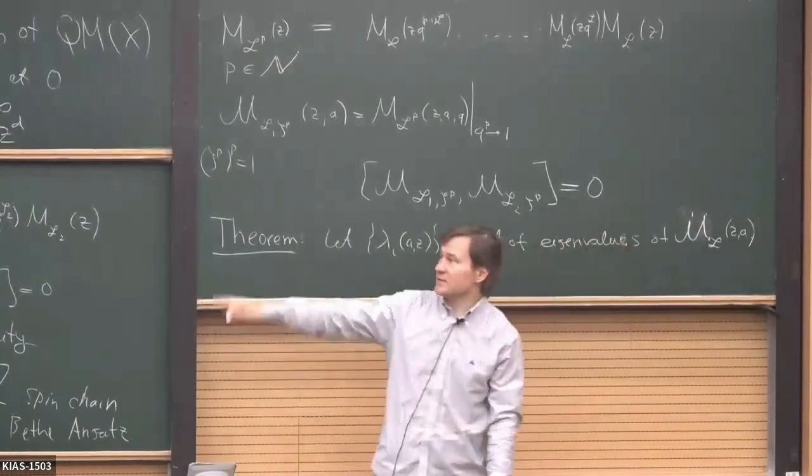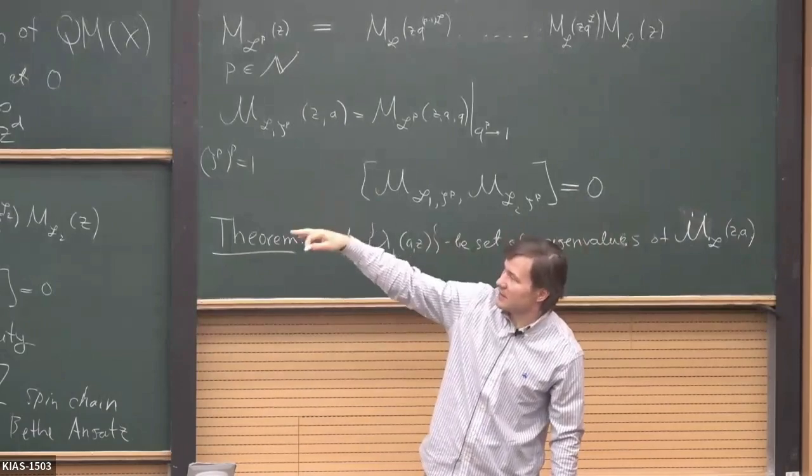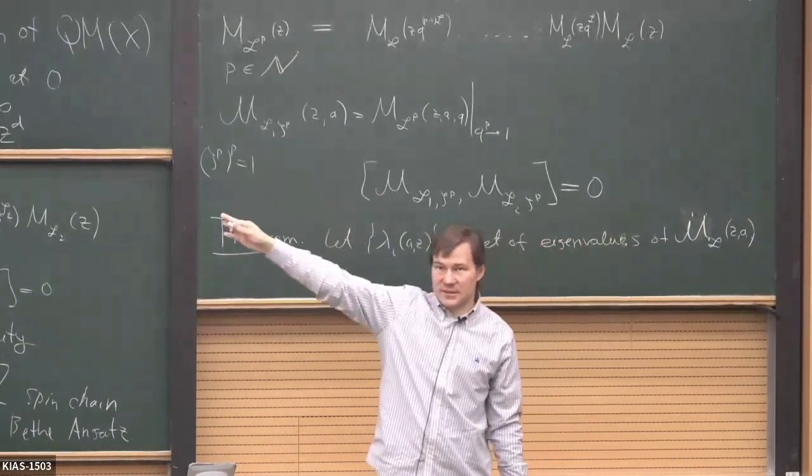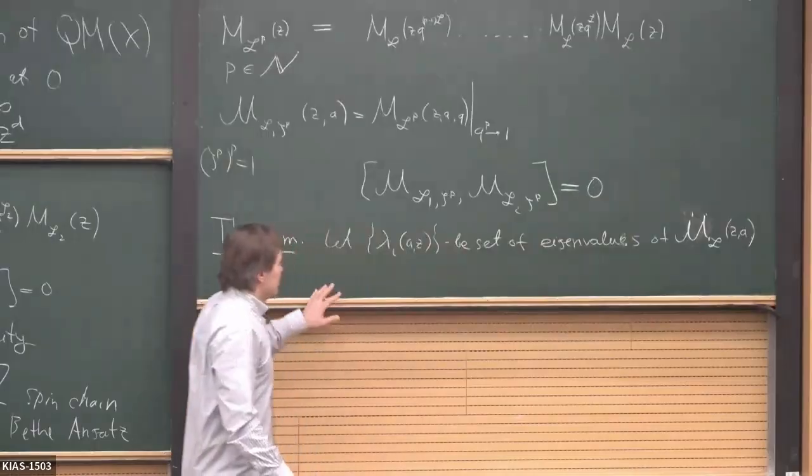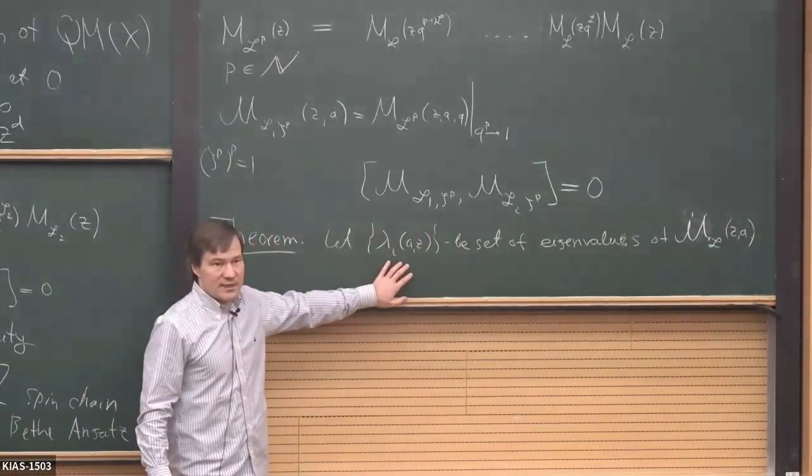So take that equation, send this stationary limit, and then you'll get an eigenvalue equation for that operator. And then let's just denote the set of eigenvalues lambda i's.